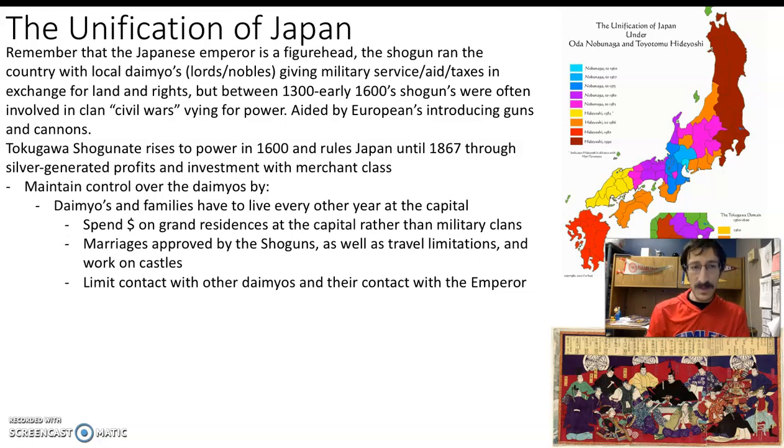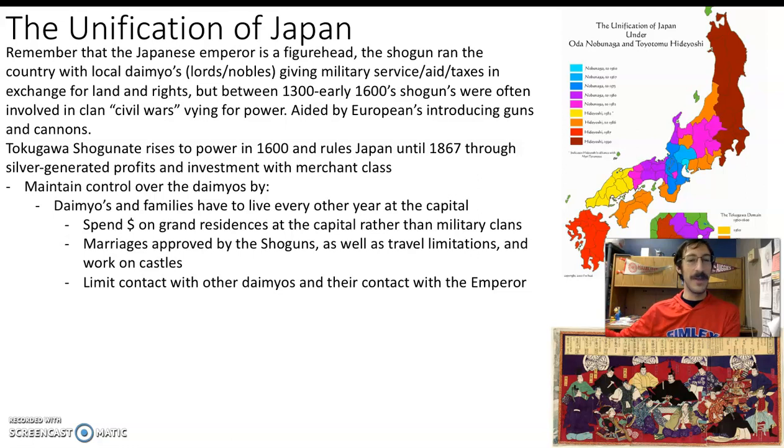They also maintain control by forcing the daimyos to live every other year at the capital, and they trade off which daimyos are there at any given time. That means the daimyos have to spend money to impress the other daimyos, as a competition of one-upping each other, saying I have to have a really expensive palace or place of living for me and my family, as well as invest in all this stuff in the capital, while also investing back home too.